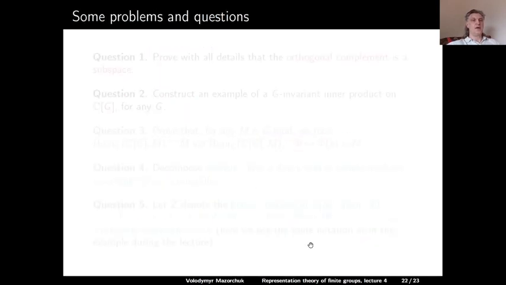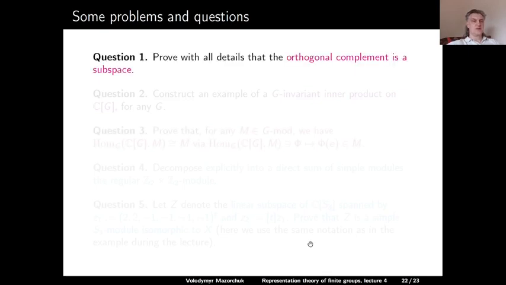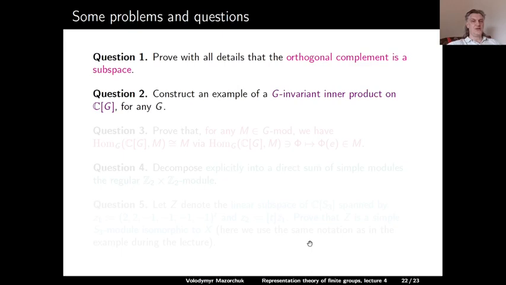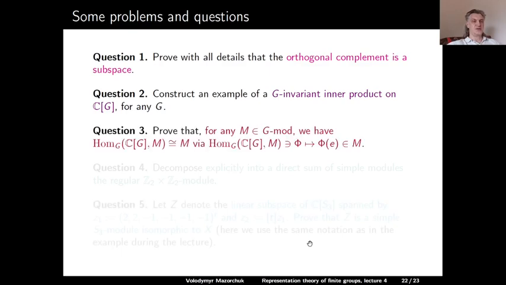Okay, let us finish with some problems and questions. Question 1. Prove with all details that the orthogonal complement is a subspace. Question 2. Construct an example of a G-invariant inner product on the left regular representation for any G. Question 3.